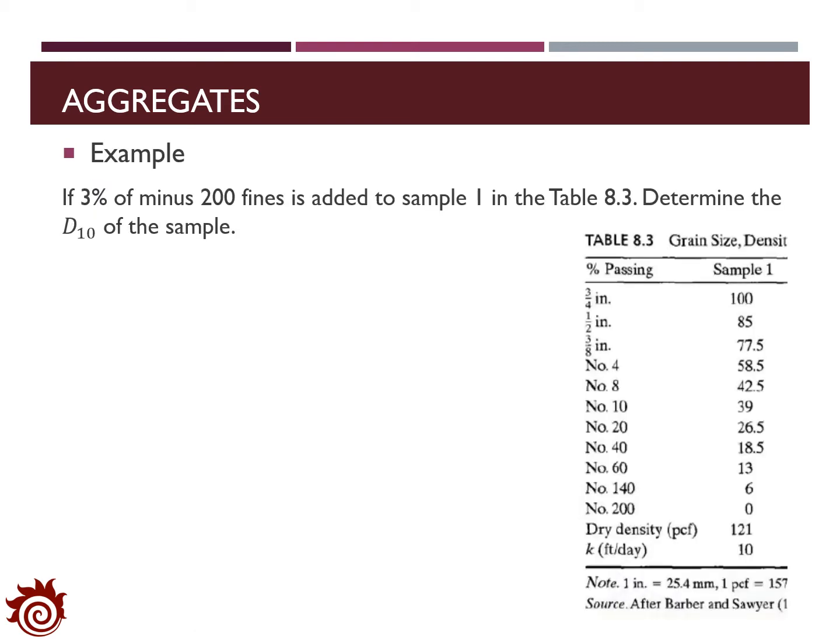Now let's check how we can find the effective grain size for the estimation of the permeability. In this example, we assume that 3% of minus 200 fines is added to sample 1 in table 8.3, and we want to find the value of D10. So here I pick the part we want to use from table 8.3.